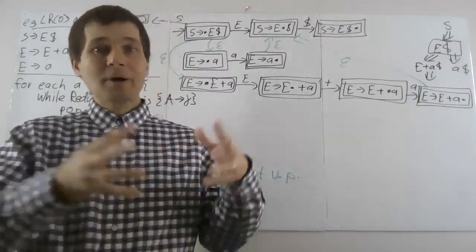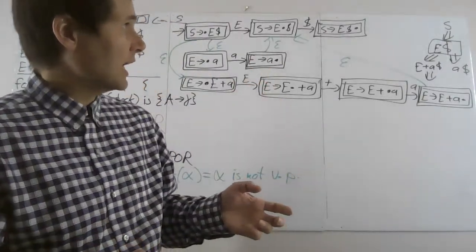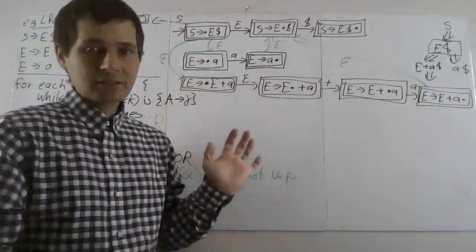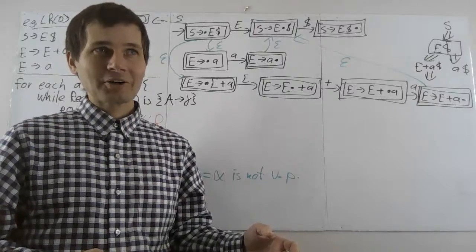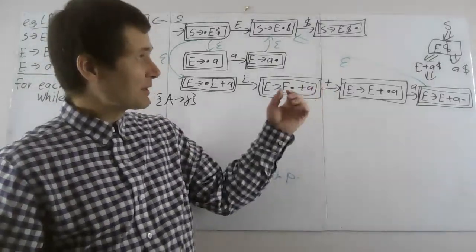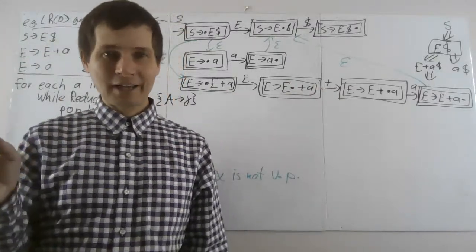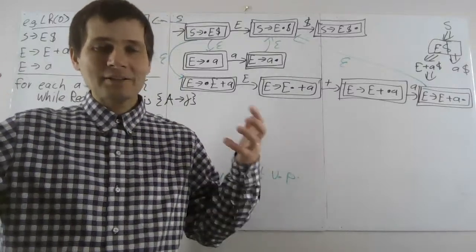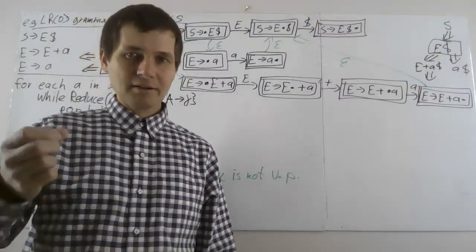But if I wanted an NFA for all the viable prefixes of this grammar, it would have to be this infinitely large NFA. That's a very hand-wavy proof that the viable prefixes of this grammar are not a regular language. So this is where we failed: we can't build an NFA for the viable prefixes.